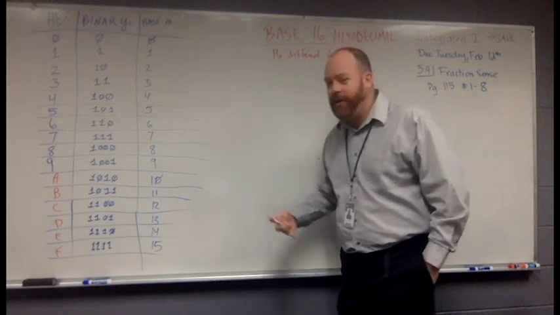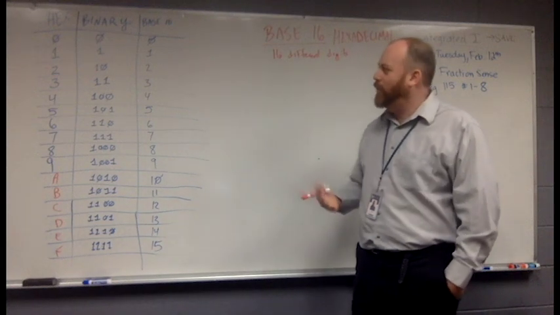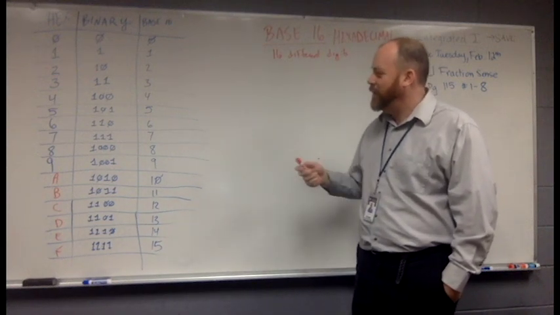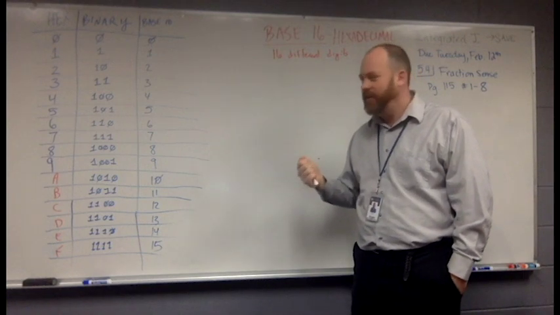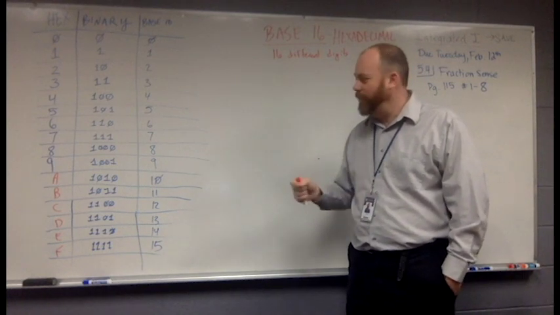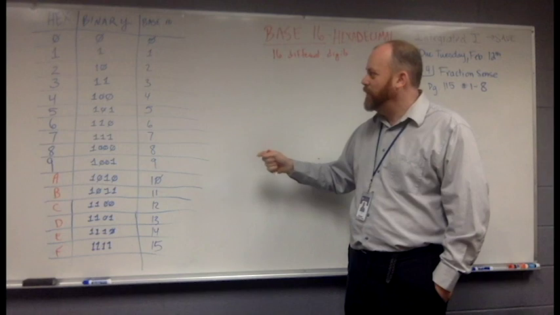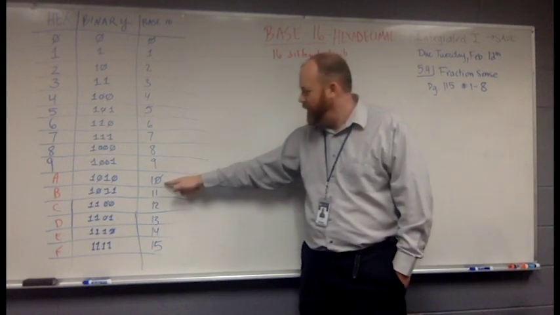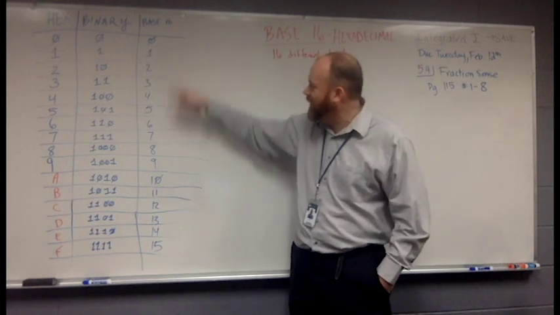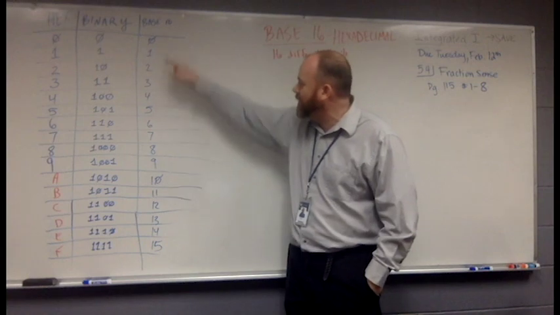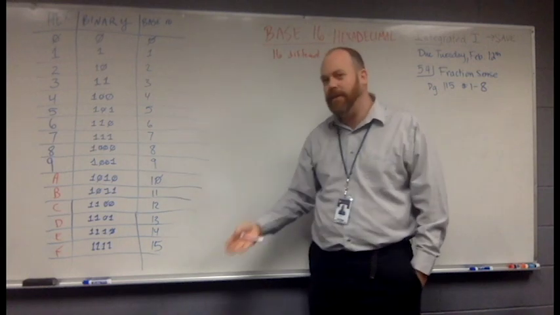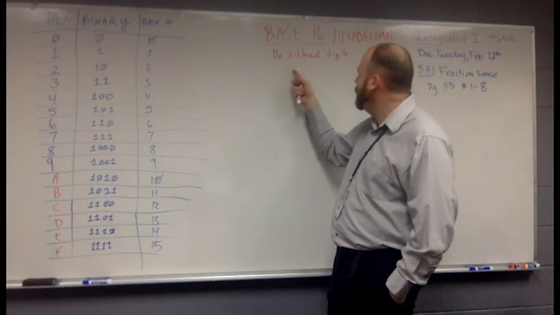But this is the part that makes people go, whoa, is that they need to come up with a single symbol that they've never used before for the number 10. Because we can't reuse, like in base 10, we can start reusing the ones and the zeros. We can't do that. We need to make 16 different digits.